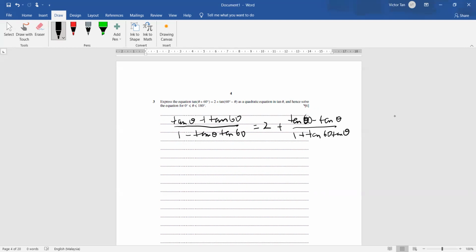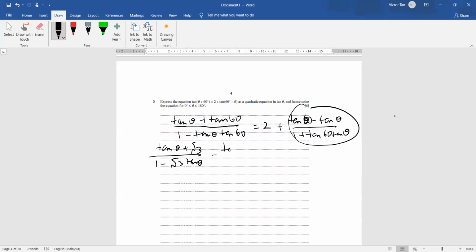I'm going to move this over to the left hand side of the equation and simplify. Tangent 60 is root 3. So this is tangent theta plus root 3 over 1 minus root 3 tangent theta.